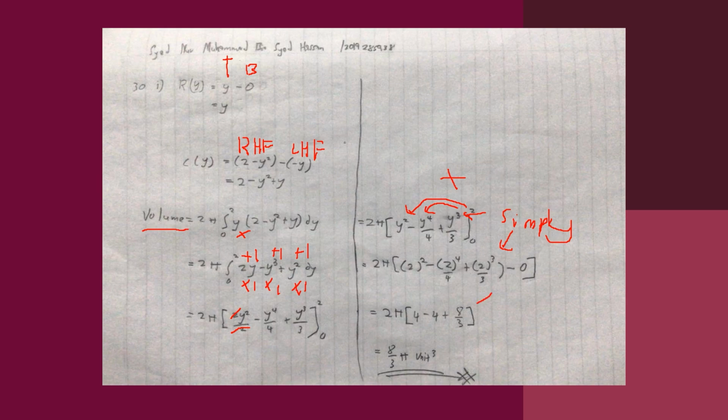Then we do the last simplify, and the final answer will be 8/3 pi unit cube.